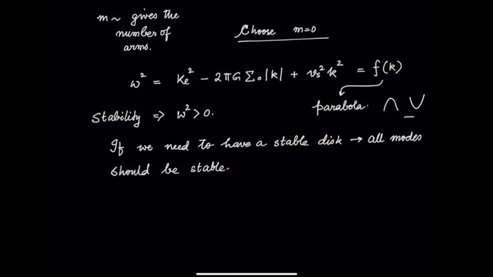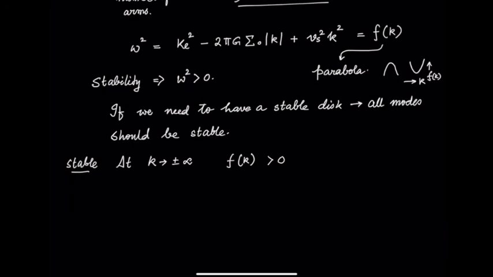If I plot x-axis k and y-axis fk, at k tends to plus or minus infinity, if it is a stable disk, Fk must be greater than 0 because Fk is omega square, so should be greater than 0 at k tends to plus infinity or minus infinity if all modes are stable.